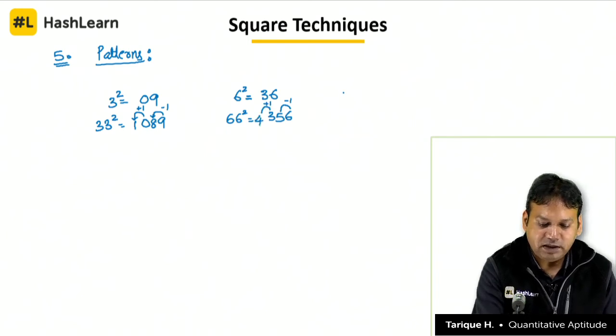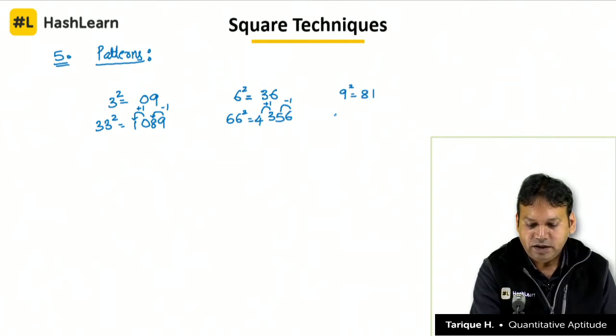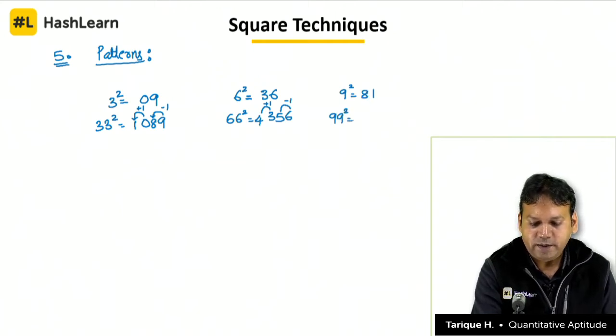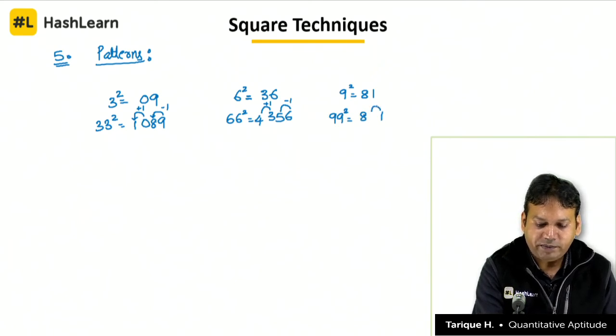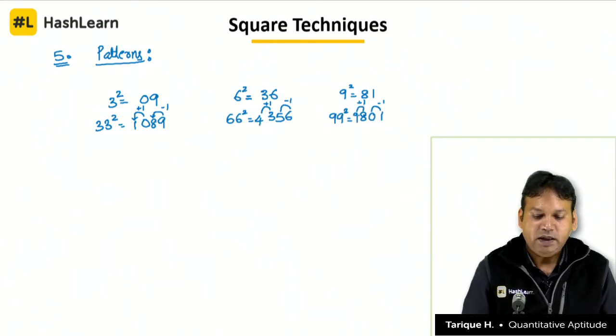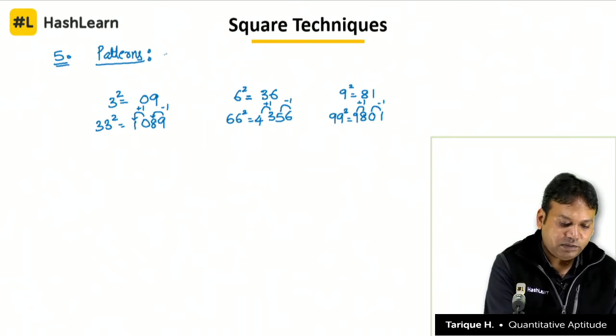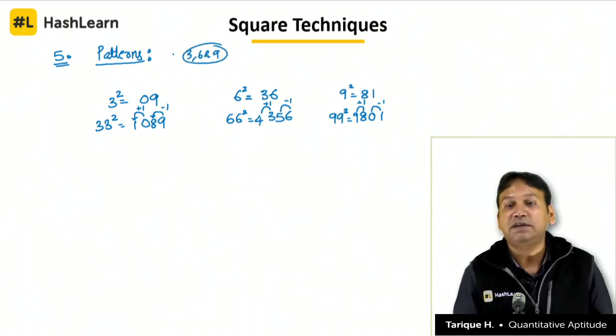The same pattern is followed by 9 also. 9 square is 81, want to find 99 square, write down 8 and 1, from the right number you subtract 1, it becomes 0, and to the left number you add 1, it becomes 9. So, this is the pattern for numbers 3, 6 and 9, not for all numbers.